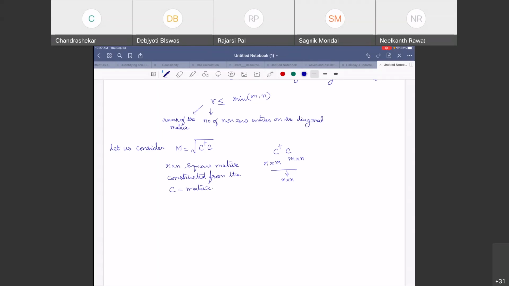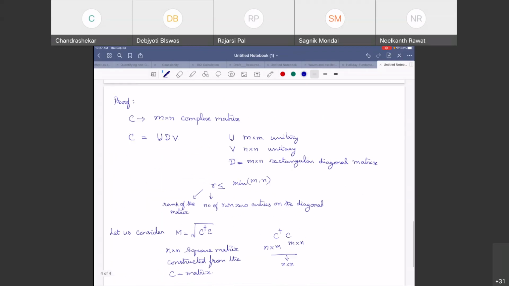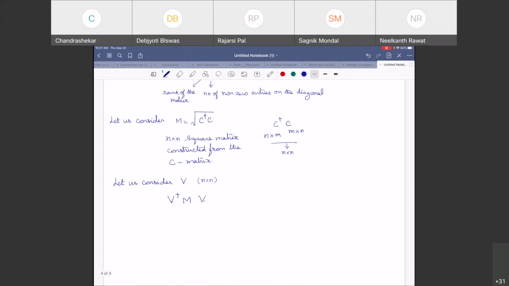Now, let us consider the unitary V and take V dagger M V. We are considering V because, if you look at what we have written, this is the N by N unitary matrix.